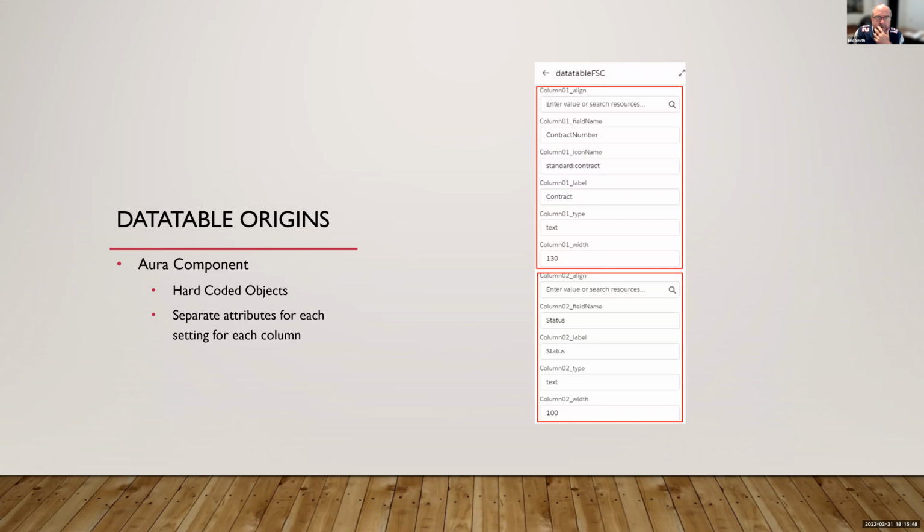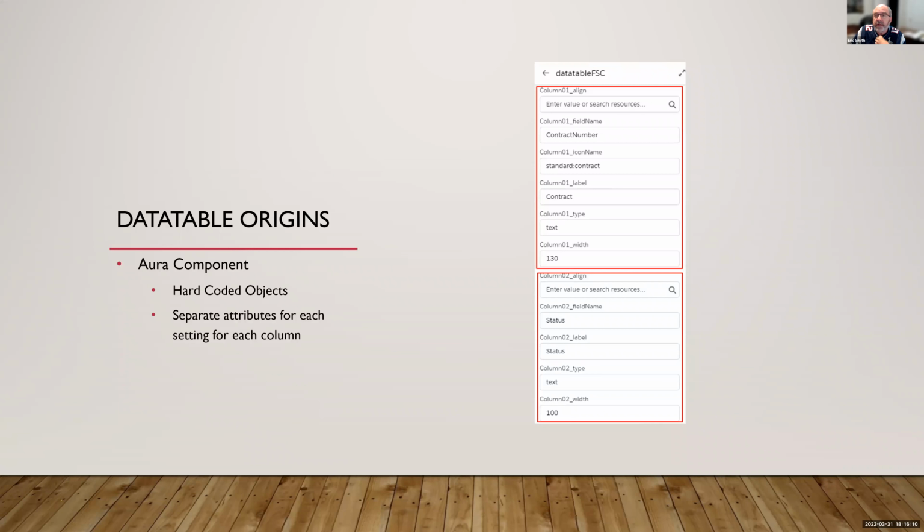So I want to give you a little bit of a history on the component. I mentioned I wasn't a developer, but I know enough to be dangerous, I guess. When I first created this, we didn't have Lightning Web Components. We just had Aura components, and I was fairly restricted on what I could do with that.